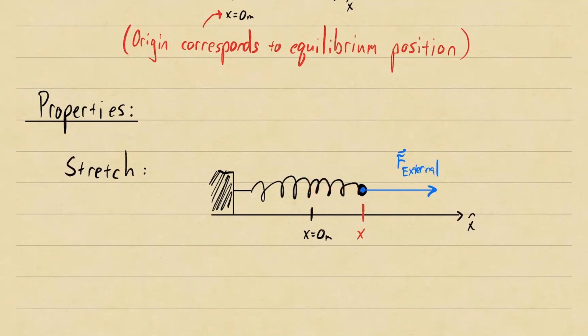It always wants to return to its equilibrium position. Because of that, there's going to be a force towards the equilibrium position, towards x equal to 0. This is the force exerted by the spring itself, which we call F sub S.